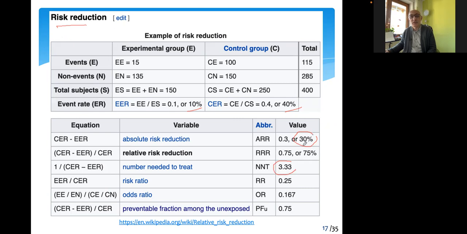From the absolute risk reduction, you may calculate the number needed to treat. Then we have the risk ratio. Risk ratio is a simple division of the event rate in the control group by the event rate in the experimental group. And we have the odds ratio. Odds ratio is a little bit more complicated to calculate, but I will show it to you in a second in another slide.